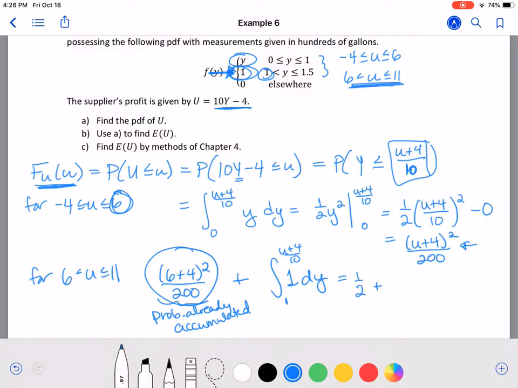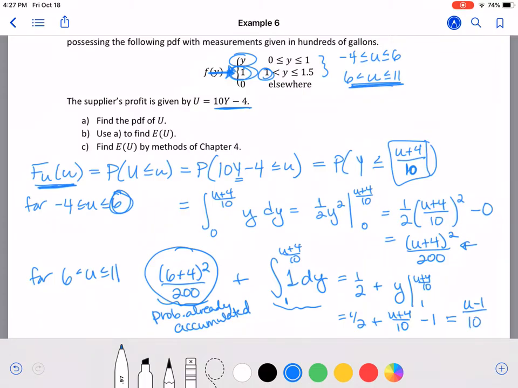And then what we get when we integrate this is y, and we're plugging in u plus 4 over 10, and we're plugging in 1. So we get 1/2 plus u plus 4 over 10, and then minus 1. And if you get a common denominator for all of this, you'll get u minus 1 divided by 10.